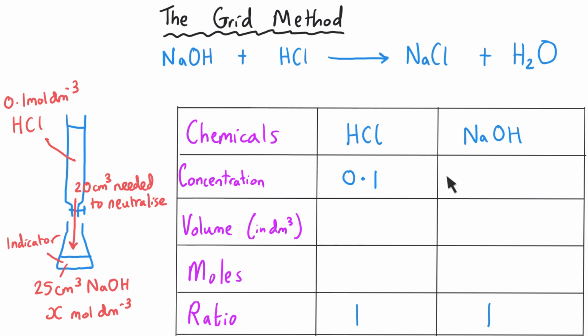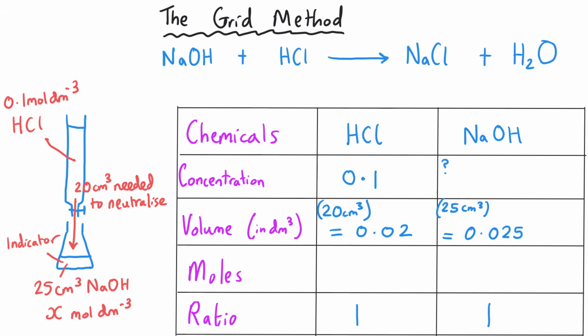We don't know what the sodium hydroxide concentration is. That's our goal. The volume of hydrochloric acid is 20 cm cubed, which means it's going to be 0.02 dm cubed, and sodium hydroxide similar, 25 cubic centimetres, so 0.025 cubic decimetres.